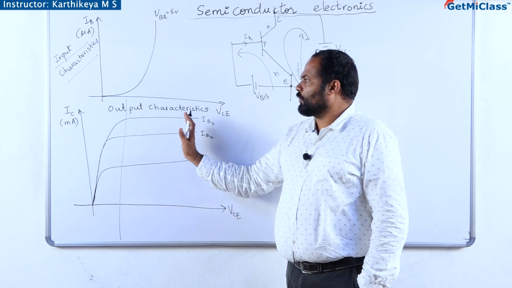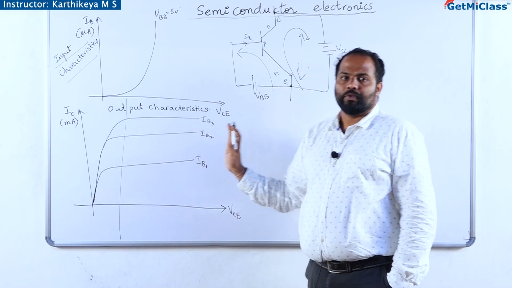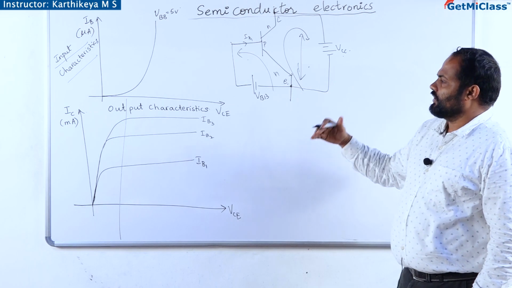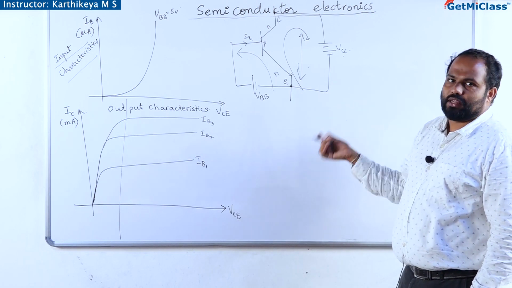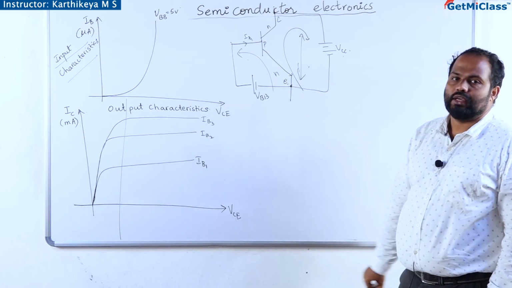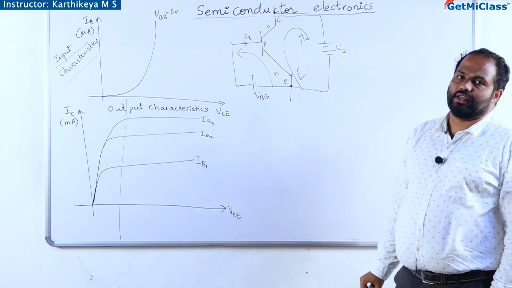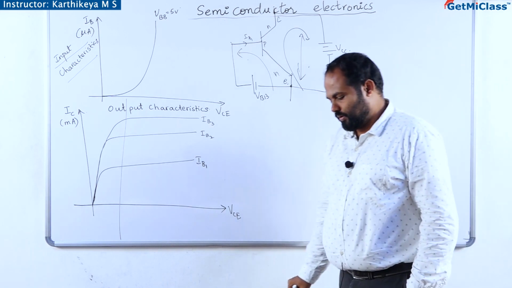So, this is our output characteristics of a transistor when connected in any mode, but easier to explain using CE mode, that is common emitter mode.